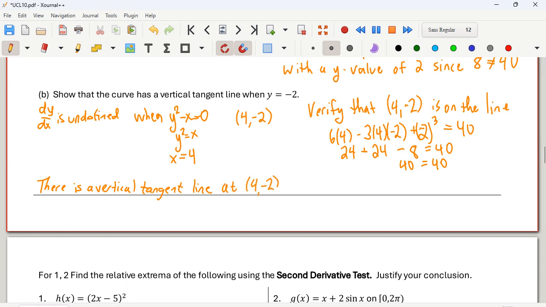The two things that I figured out were that that point is actually on the curve and dy/dx is undefined. So those are the two things I'm going to write in my explanation. This point is on the curve. And dy/dx is undefined.